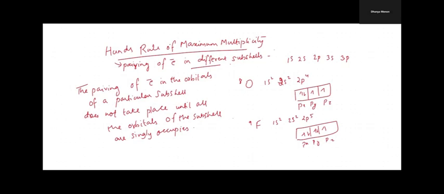Okay, so the same thing happens for d orbitals also. Let's practice 1 or 2 elements where the filling of electrons takes place for the d orbital.